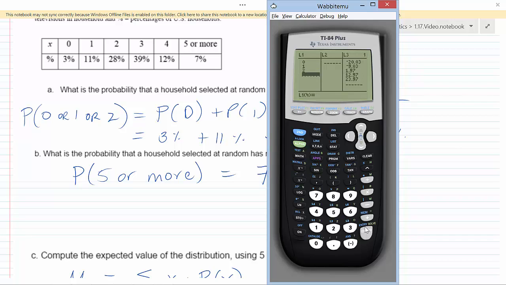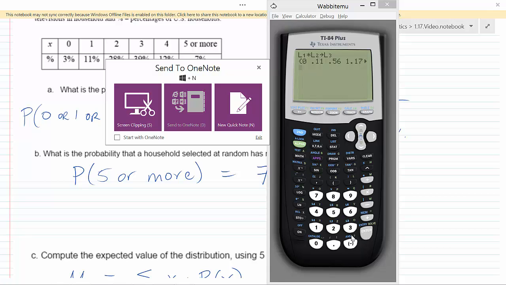And the note on that problem told me to use 5 for 5 or more. And I'm going to put my p of x values in L2, and I'm going to make sure to convert those percents to decimals. Once I've got all that in there, I'm going to go back to my home screen, and I'm going to do L1 times L2, and I'll store that in L3.